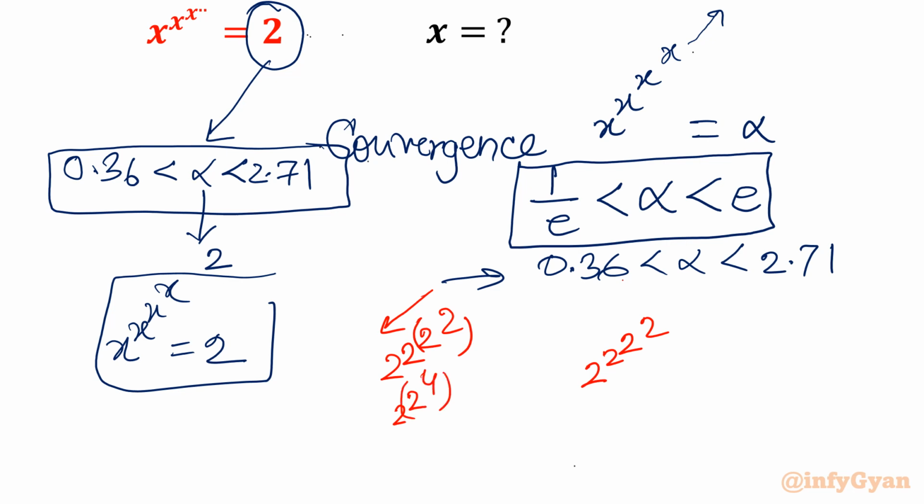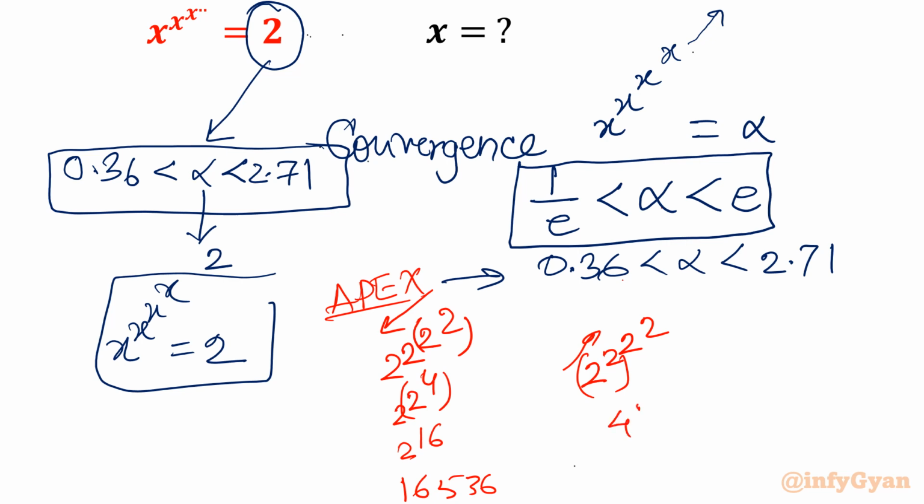Again the same thing, 2 raised to the power 16. You will get 65,536. This approach is called the apex method. And this other approach is the bottom up approach, where you calculate like this.